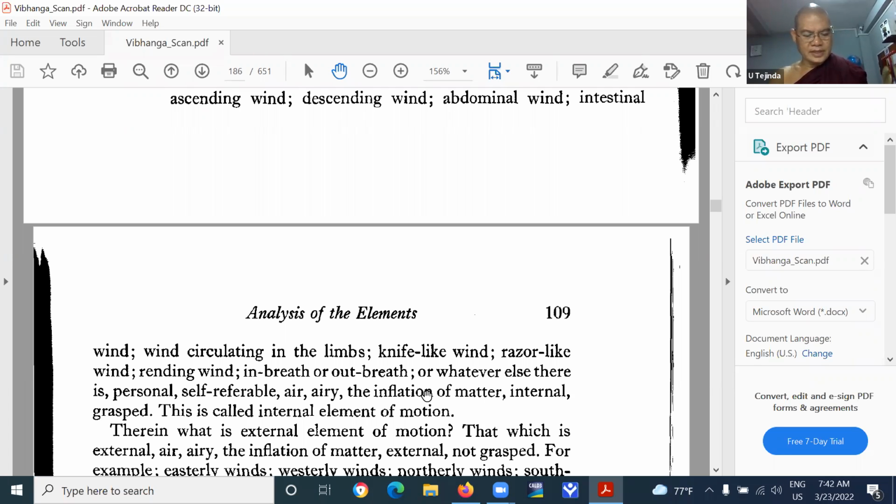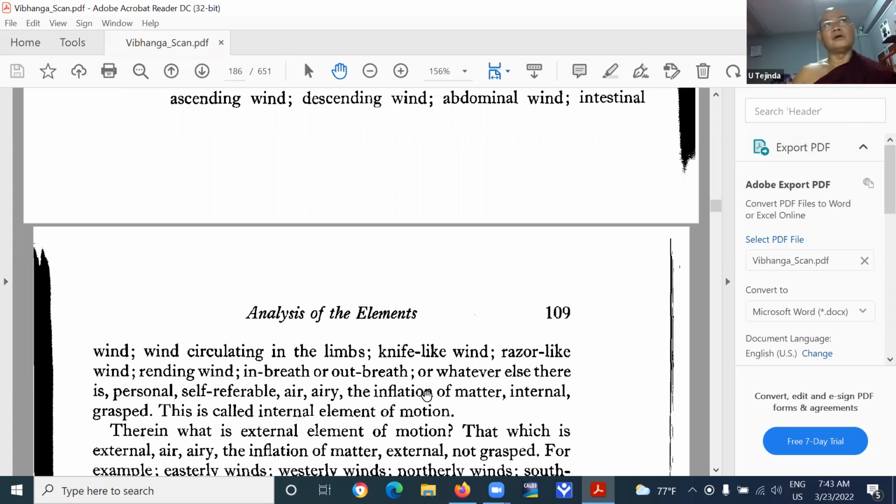So inside our body, any kind of wind inside our body is called ajjhattika vayo dhatu.